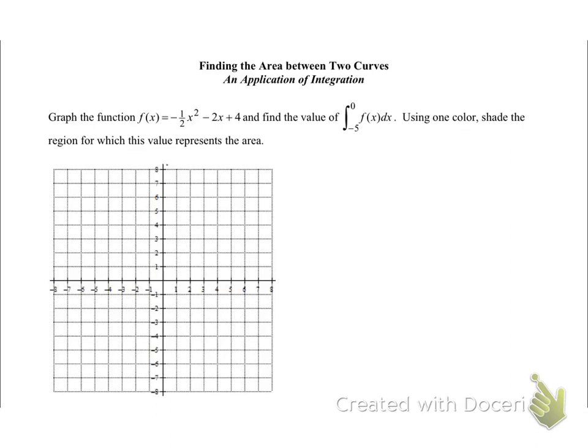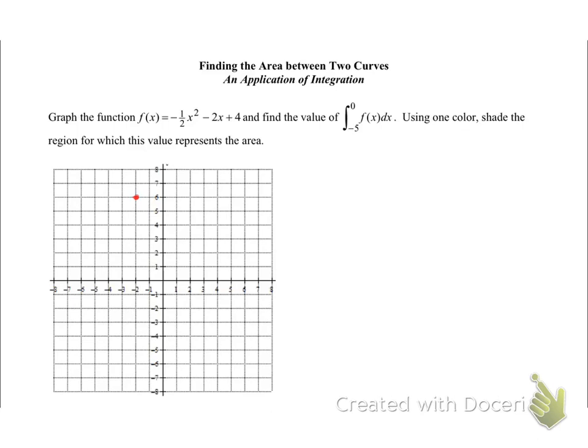Okay, so if you have your graphing calculator, you can sketch a graph of the function, and you will find that it is a parabola, and it's an upside down parabola because of that negative 1/2. Using your calculator you can find that the vertex is located at negative 2, 6, which is about right there, and then you can find some other points.